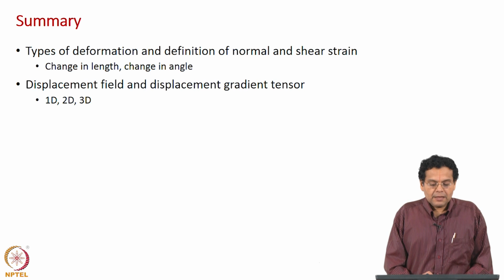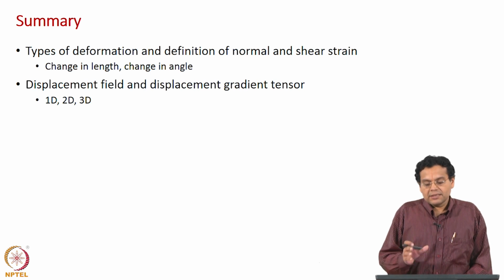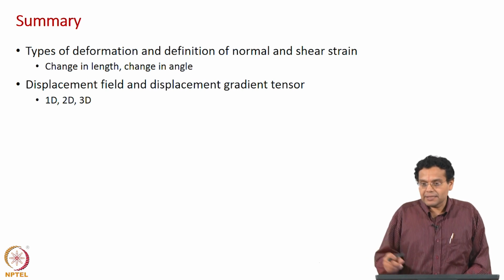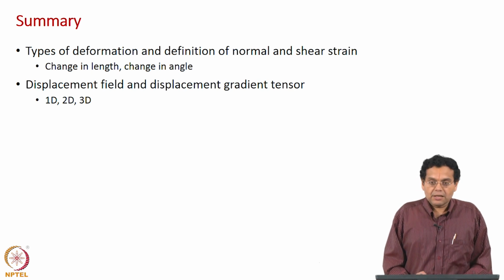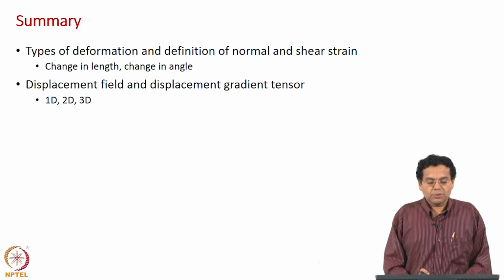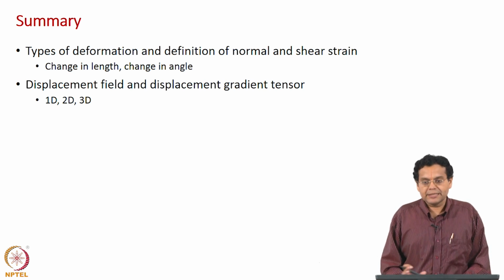And then we said normal strain and shear strain depend on the displacement of the particles or points. So, we have discussed displacement field and displacement gradient tensor slowly from 1D to 2D to 3D. Next, we will have to relate these two, and that is what we will discuss in the next lecture.